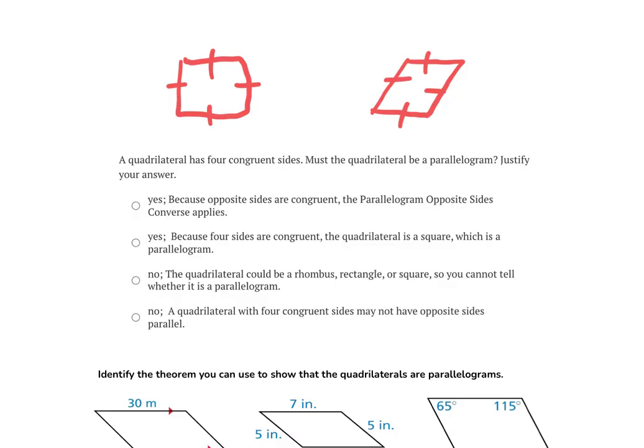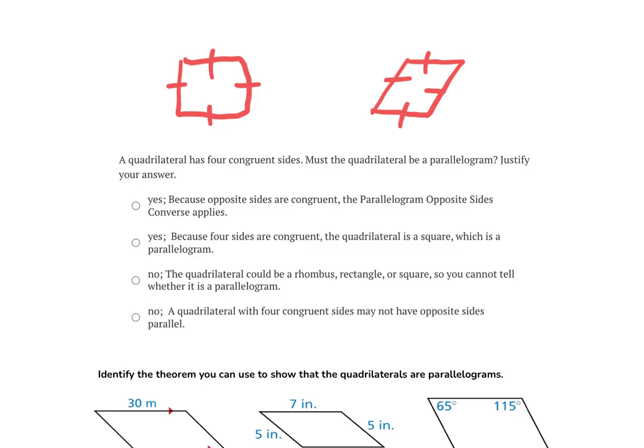Okay, so we are going to say yes, but then we got to decide which one of these is better. Is it yes because opposite sides are congruent, or is it yes because four sides are congruent? Which one of those would be better? Is four sides being congruent what we want to use? Is that one of our theorems? If we have four sides, then it's always a parallelogram?